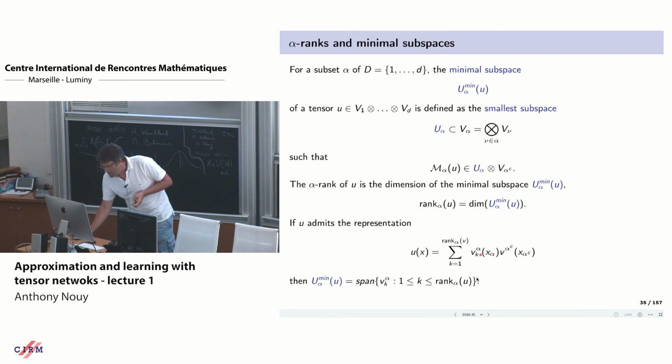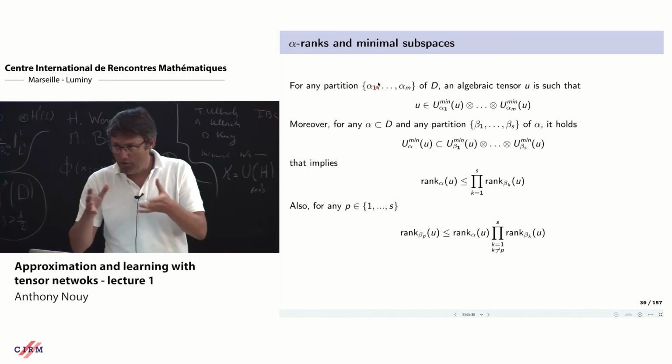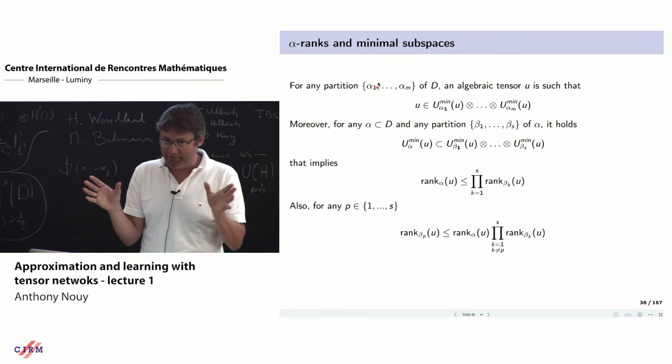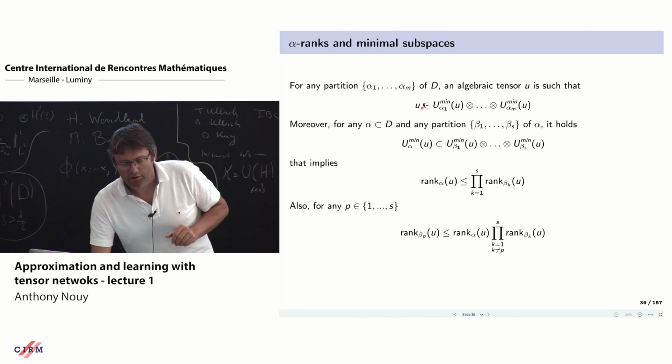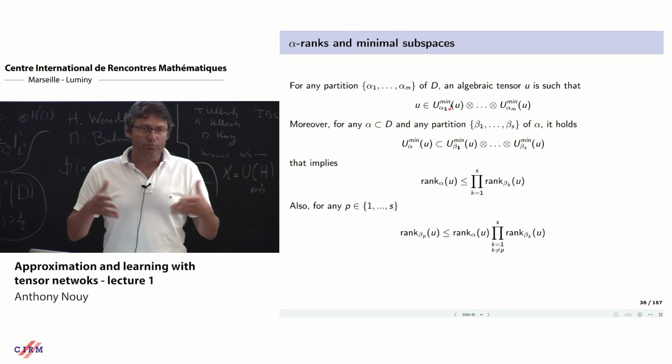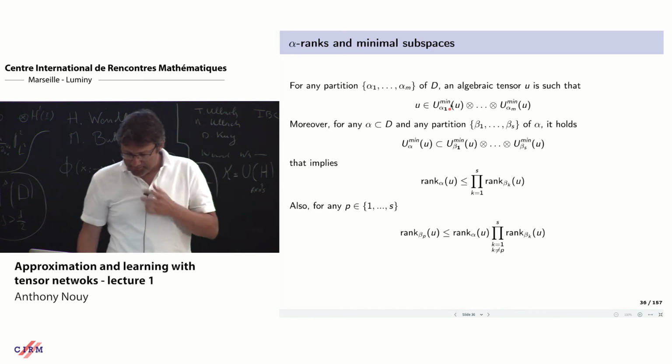And then you have several interesting properties of these minimal subspaces. First, if you are given a certain partition of your set of dimensions, so alpha 1, alpha 2, etc., all groups of variables that form a partition of D, you can prove that a tensor lives in the tensor product of its minimal subspaces. That is the first property.